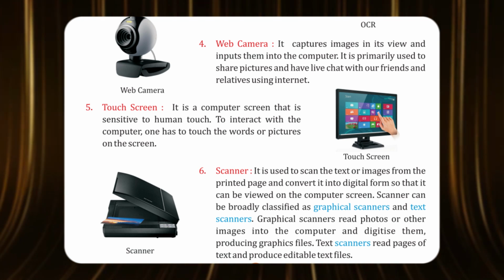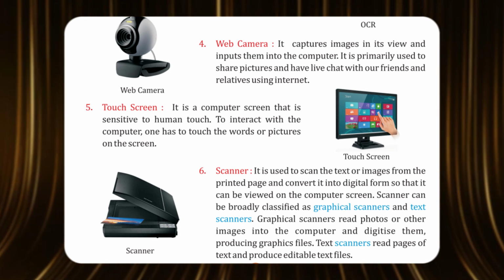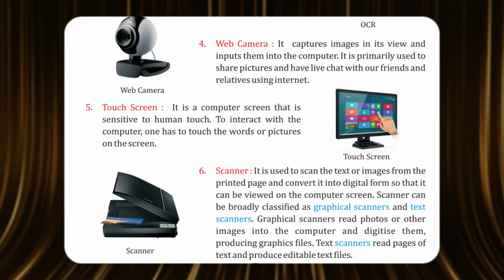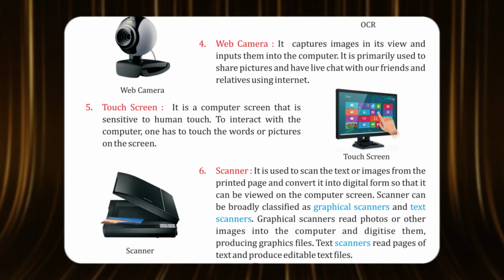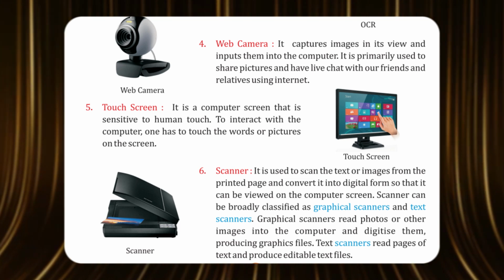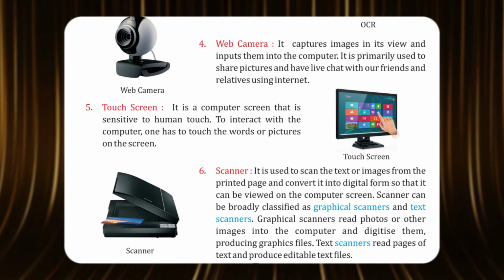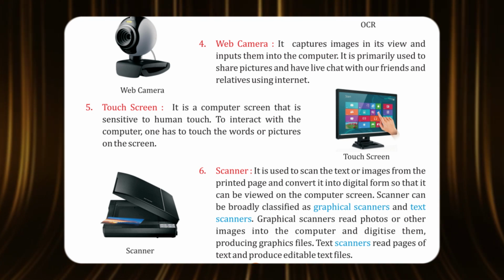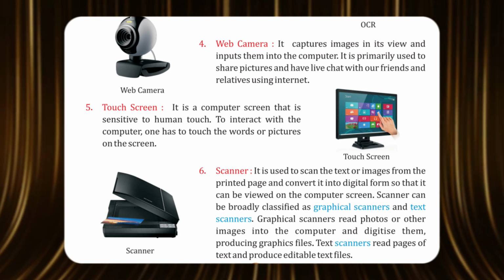It is primarily used to share pictures and have live chat with our friends and relatives using the internet. 5. Touch screen. It is a computer screen that is sensitive to human touch. To interact with the computer, one has to touch the words or pictures on the screen.